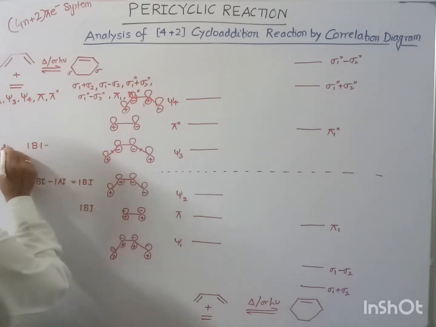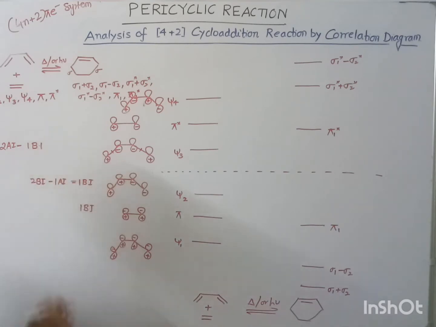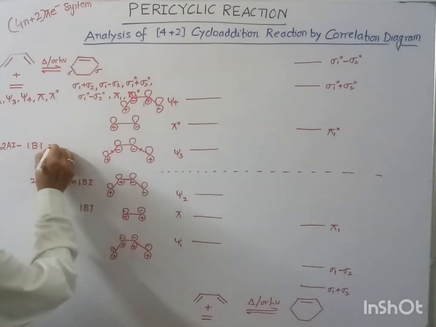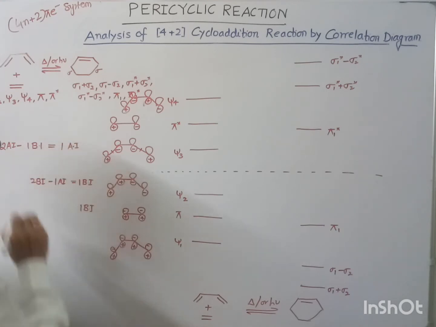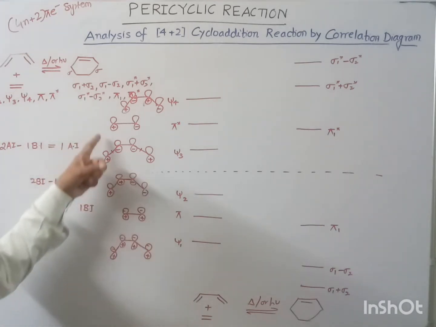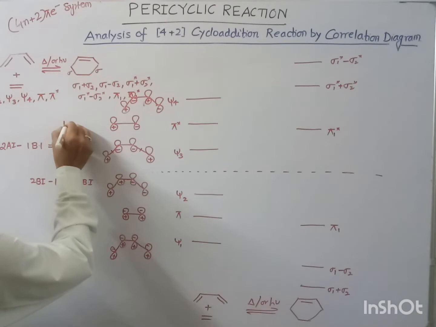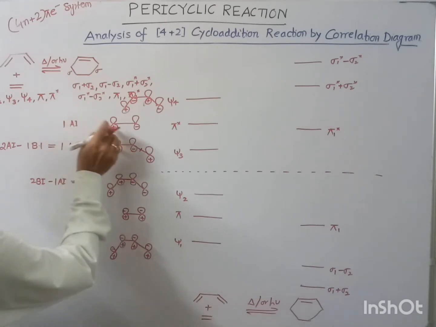So two anti-bonding interactions and one bonding interaction, so overall it is having one anti-bonding interaction, and here you will see one anti-bonding interaction.